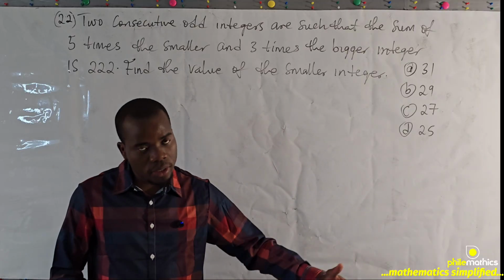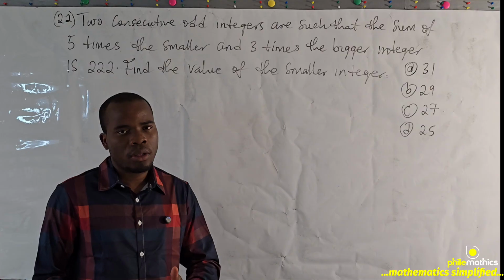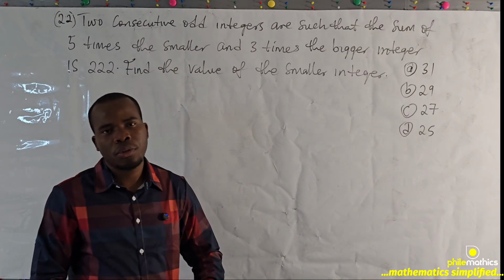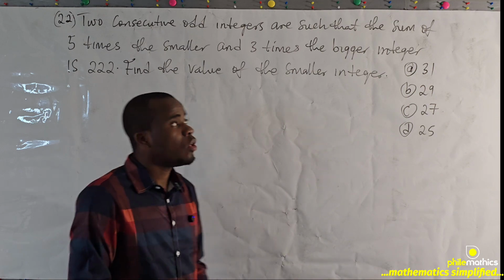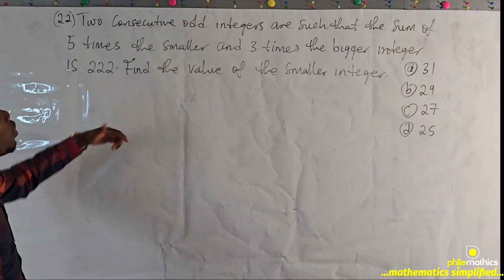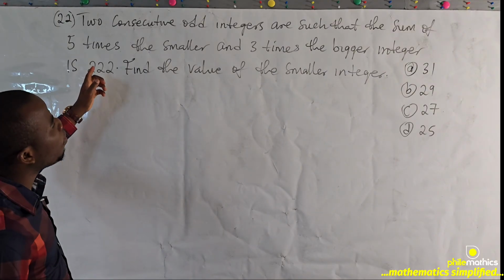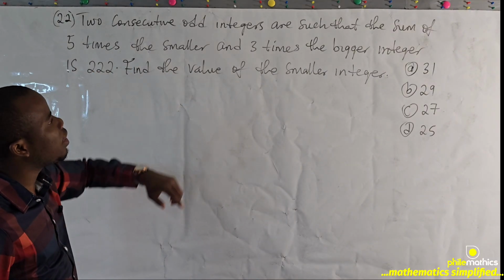So two consecutive odd integers will be 3 and 5, or 11 and 13, or 17 and 19.